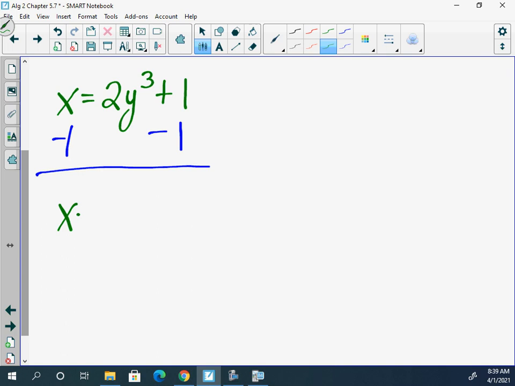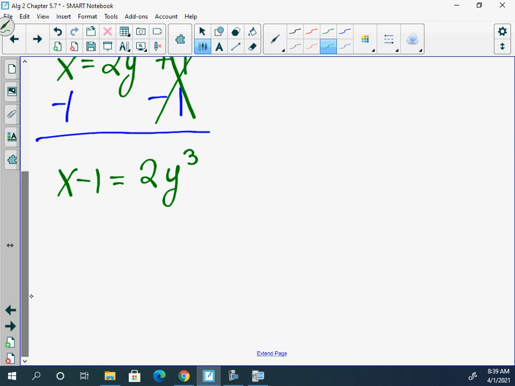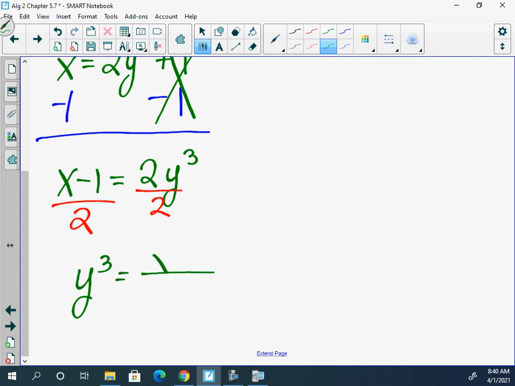Subtracting 1 should give us x minus 1 equals 2y cubed. Divide by 2. Because we still want to try to get y as by itself as we possibly can. And luckily, dividing by 2 is not a bad step. This gives us x minus 1 over 2.